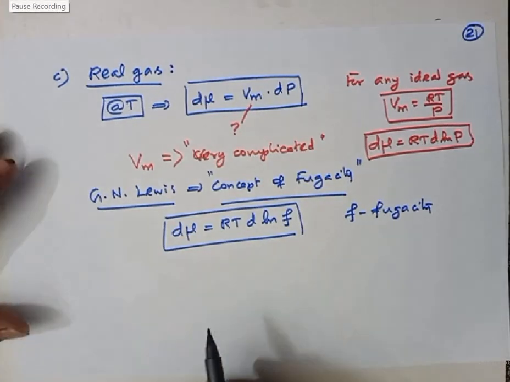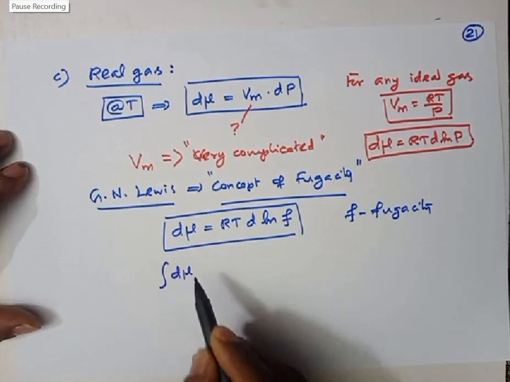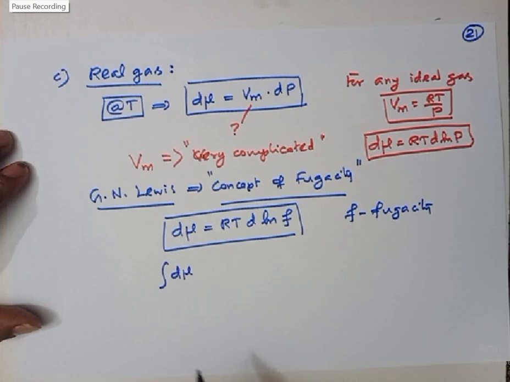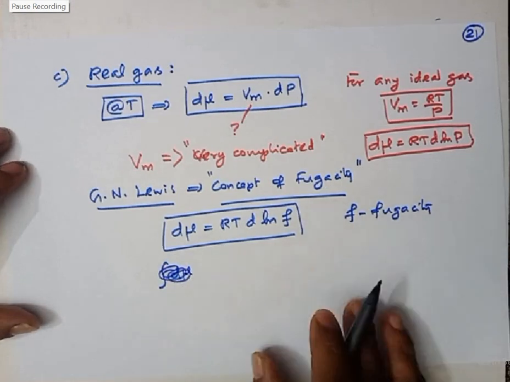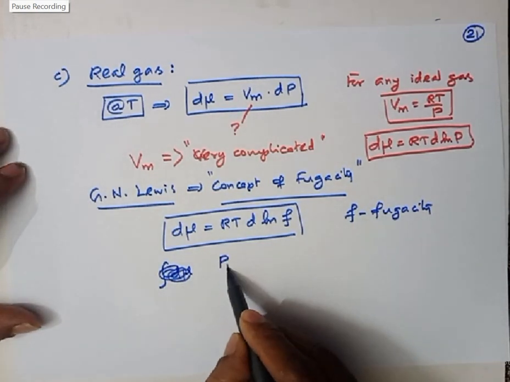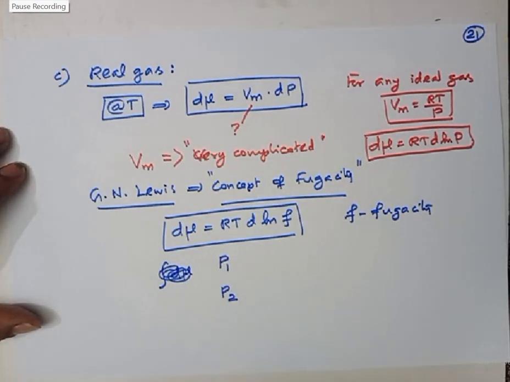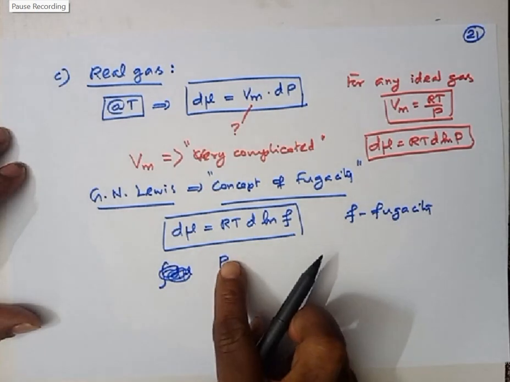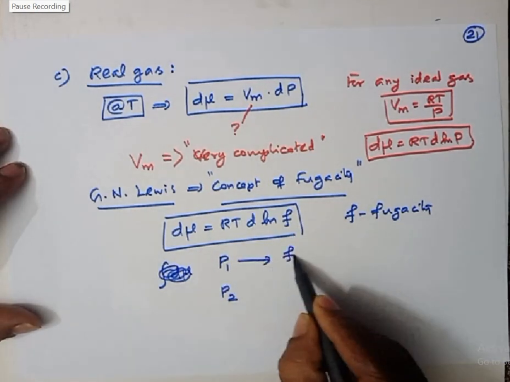I am going to integrate this. Before going to that, I'll give this point, then I'll go. Suppose assume that the initial pressure is P1 and the final pressure is P2. Observe carefully. At the initial pressure P1, let the fugacity be F1.